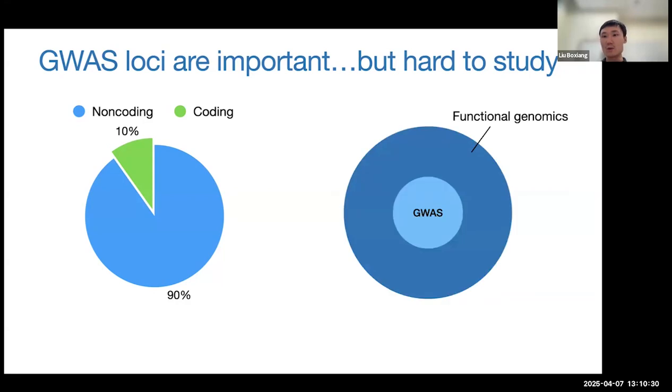Even though GWAS is the core of modern human genetics and instrumental in finding these disease-associated signals, translating GWAS loci into actionable target genes requires a much larger body of work, which is functional genomics.